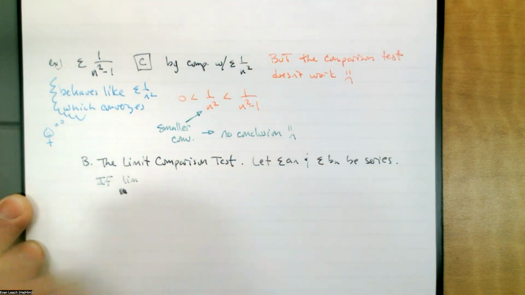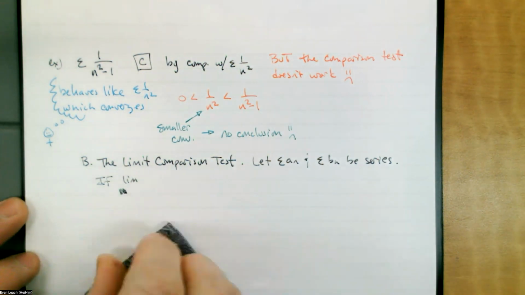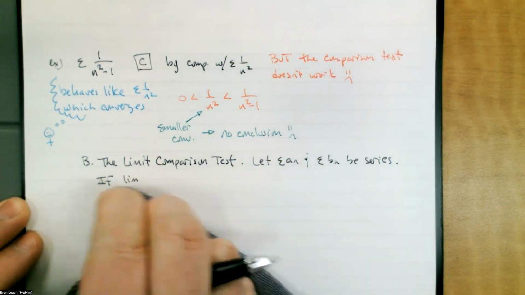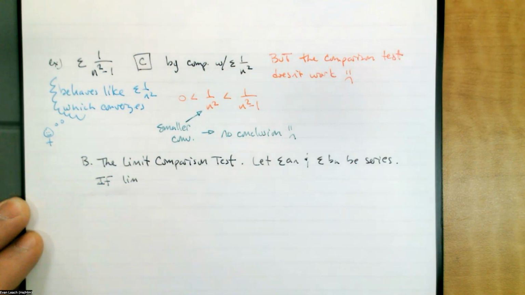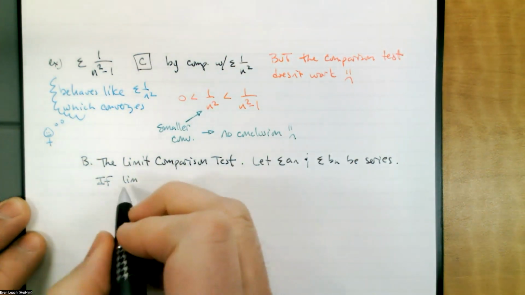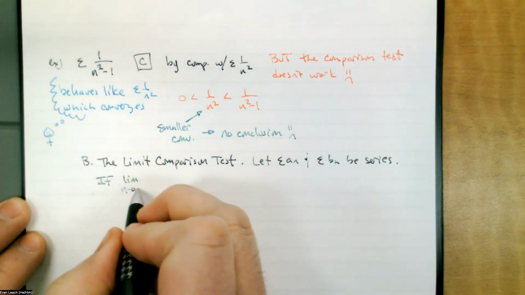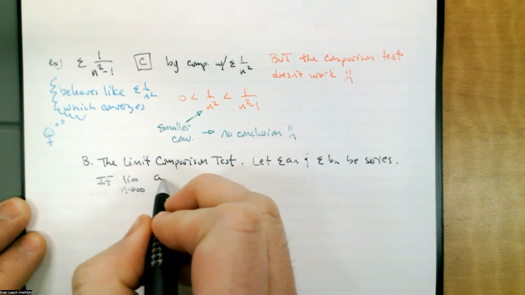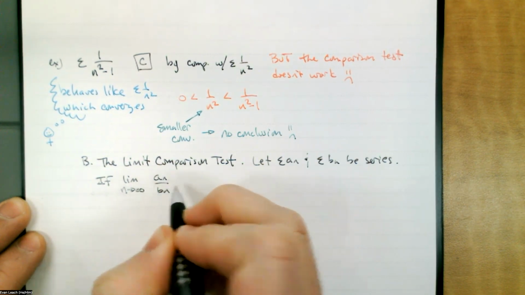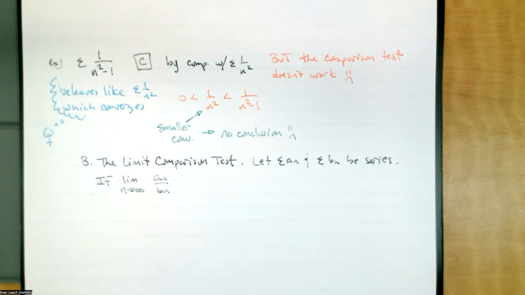We're going to look at the limit as n goes to infinity of the ratio of the general terms. It doesn't matter which goes on top and which goes on the bottom. And here's why.